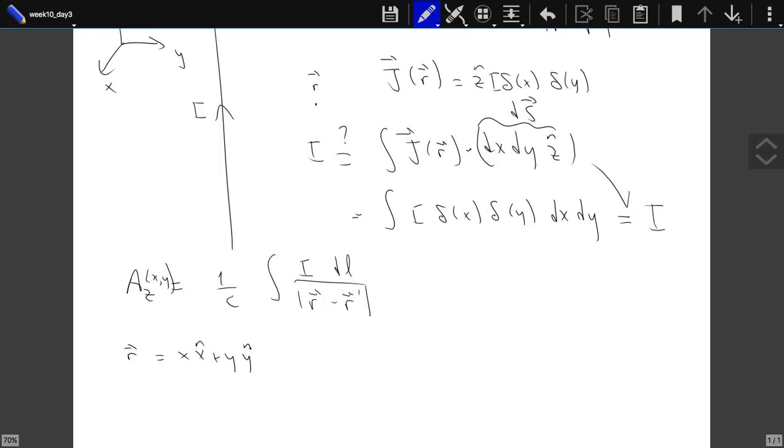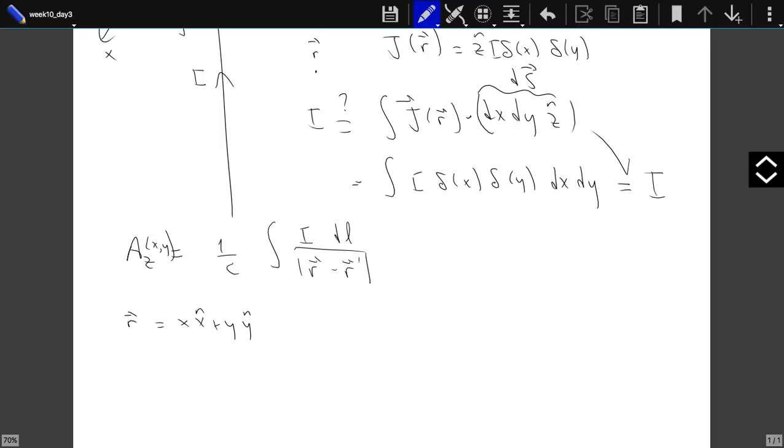Because of translational symmetry, once we obtain that, everything will be translationally invariant. In fact, it will be a function of x squared plus y squared only, not x and y separately, because of the rotational symmetry of the problem. Nothing changes if you rotate the system. But for the time being, let's stick with the Cartesian coordinates.